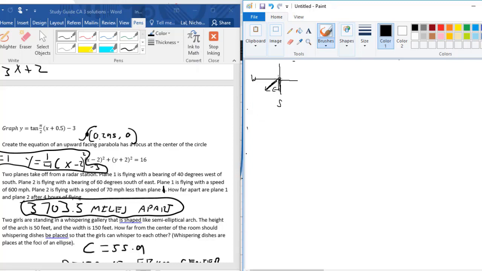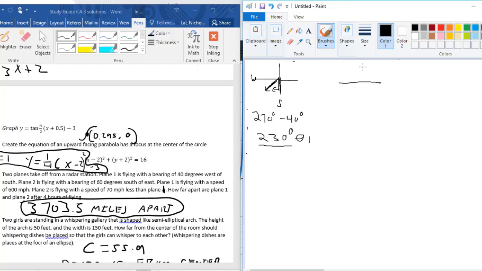Is south 0, 90, 180, 270, or 360 degrees? 270, right? So if we're 40 degrees west of south, we subtract 40 from 270. So we have 270 degrees minus 40 degrees is 230 degrees. That's our direction in degrees, and I'm going to call that theta 1, our first direction.